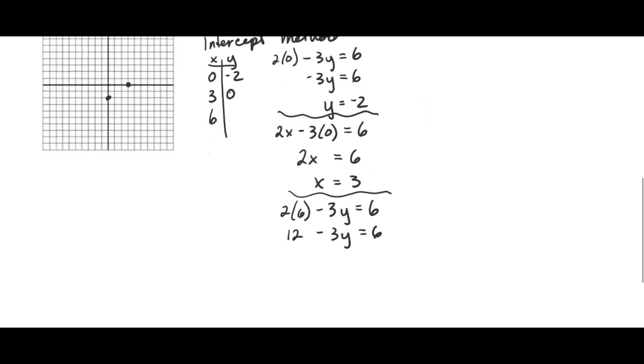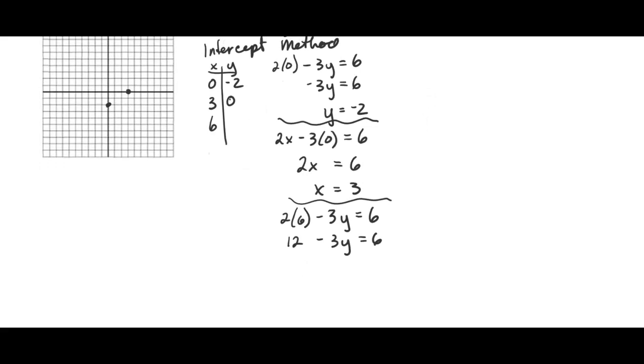If I subtract 12 from both sides, I get negative 3y equals negative 6. And then if I divide by negative 3, I get y equals 2. Okay, so then I can plot the point (6, 2), which is going to be right here.